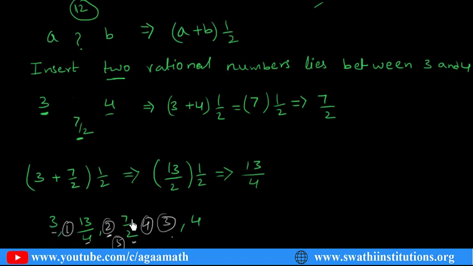In this case, how many rational numbers lie in between 3 and 4? Infinite rational numbers, right? In between two rational numbers there are infinitely many rational numbers. This property is called the property of density.